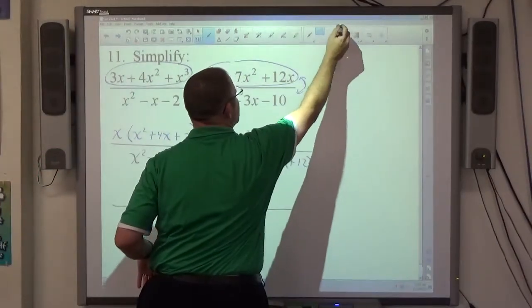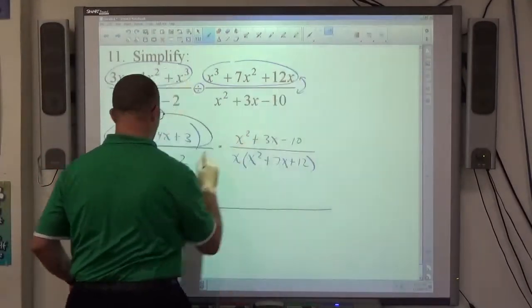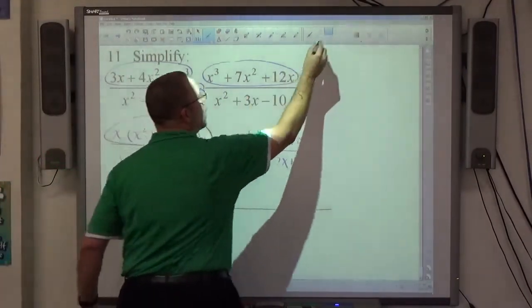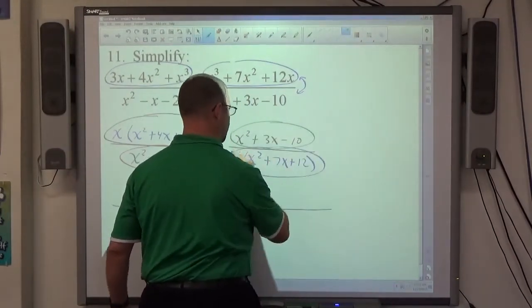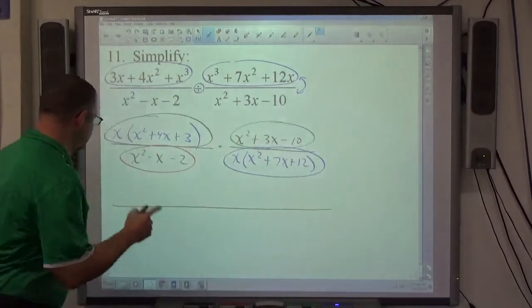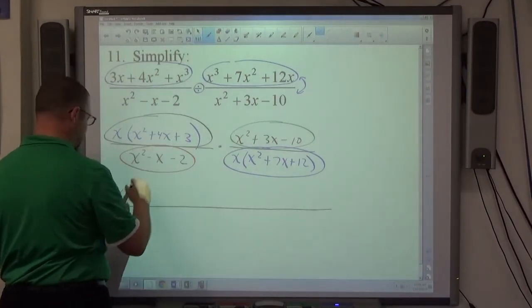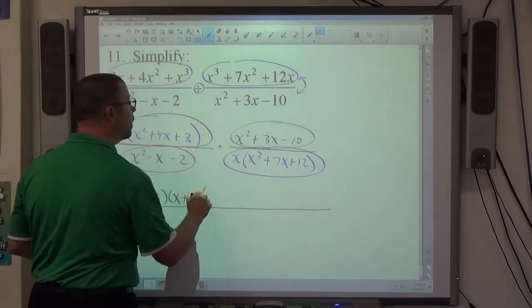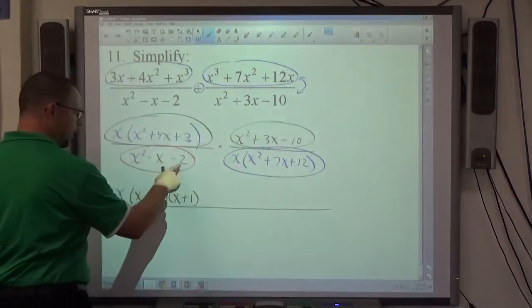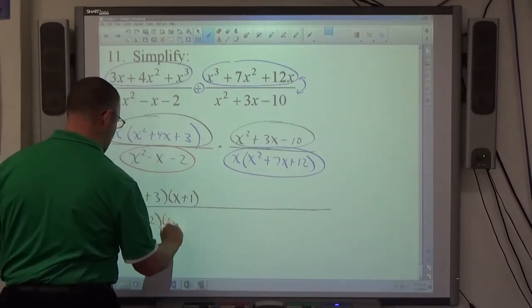If you look at each piece individually, deal with this one first, this one second, this one third, this one fourth. So, x is already taken out, so that's fine. 3 times 1, 3 plus 1, so x plus 3, x plus 1. Negative 2 times 1, negative 2 plus 1, so x minus 2, x plus 1.